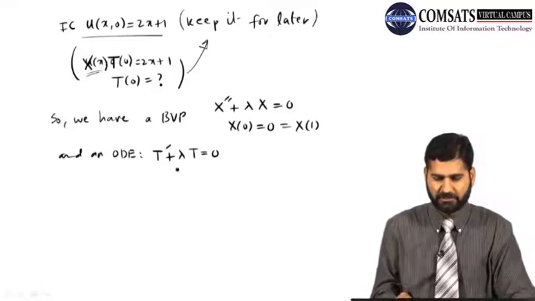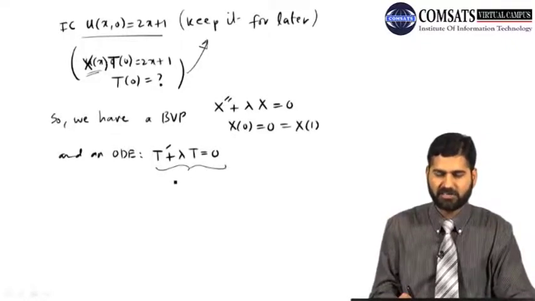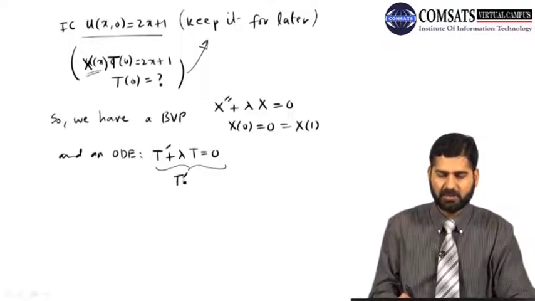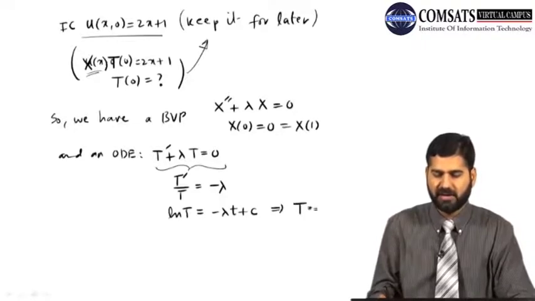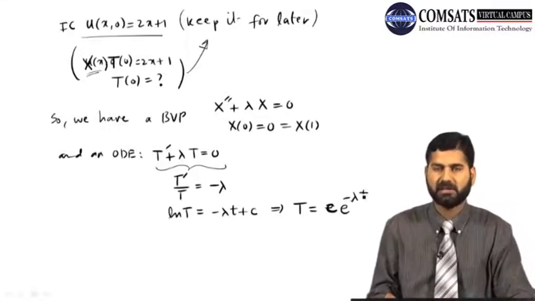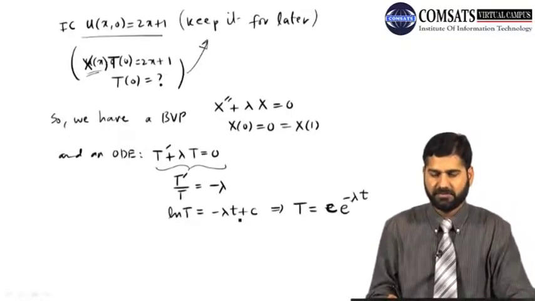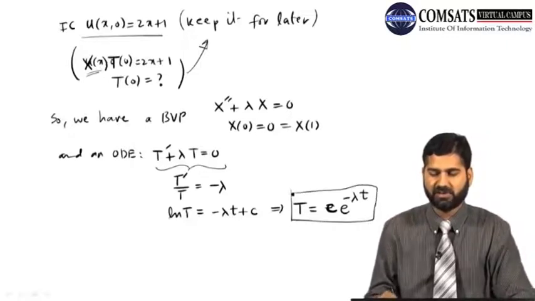From here it's very easy to find the solution, because it is T prime by T is equal to minus lambda. So if you integrate, it is log of T is equal to minus lambda t plus constant. So your T from here is constant times e to the minus lambda t.